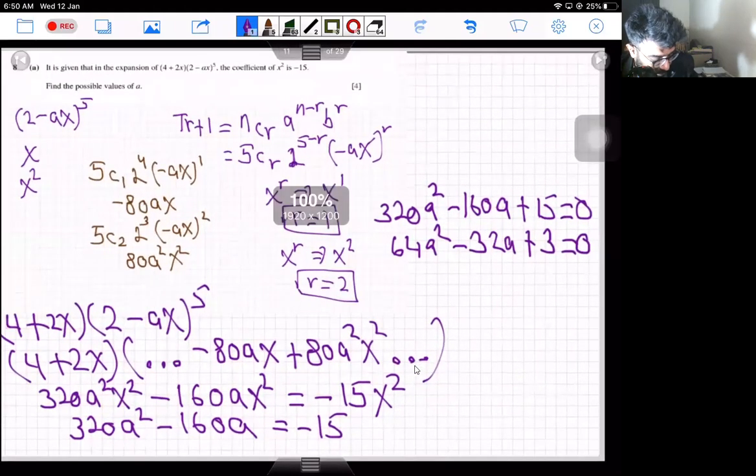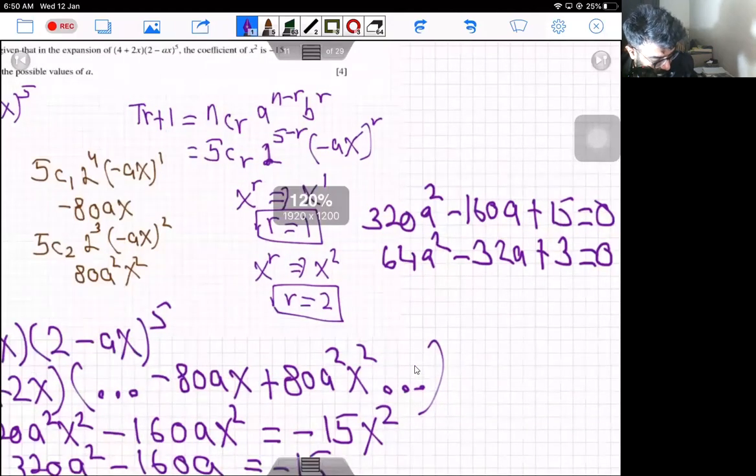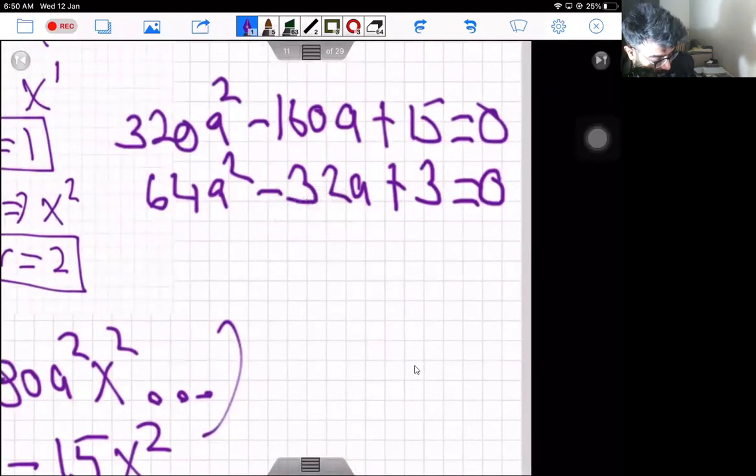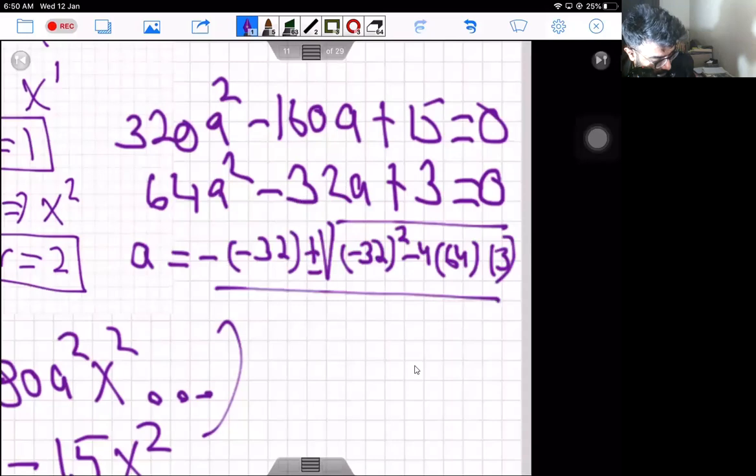So if we just apply the quadratic formula now, a is equals to, I'm zooming in, a is equals to minus 32 plus minus under root of minus 32 squared minus 4 times 64 times 3 and then divided by 2 times 64.